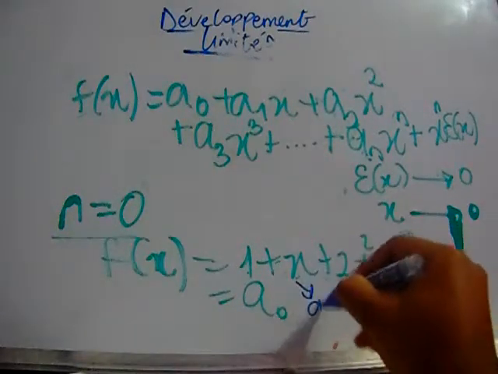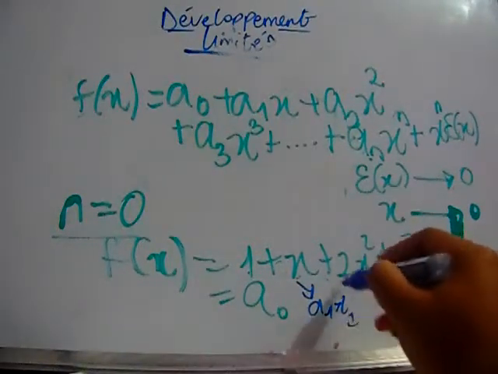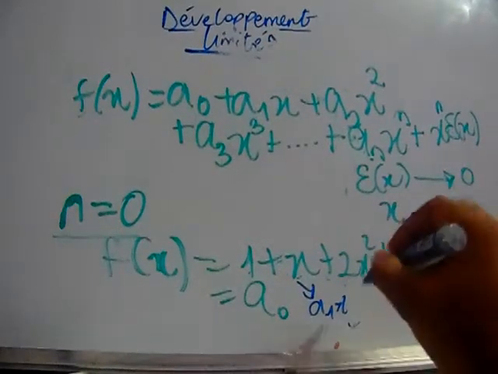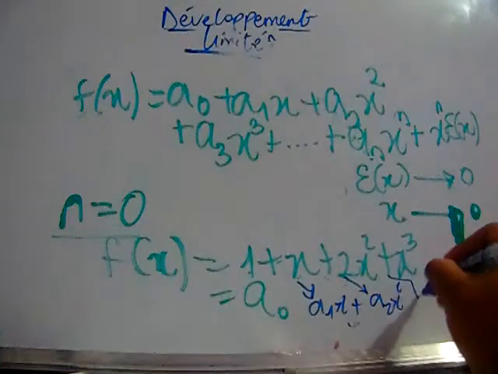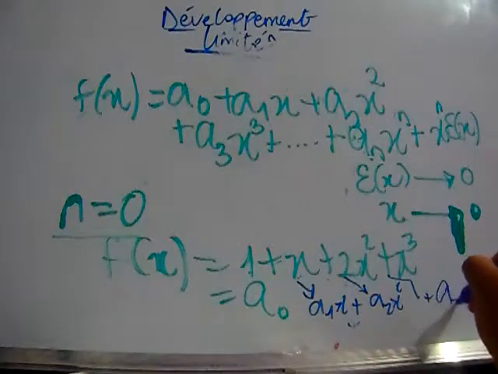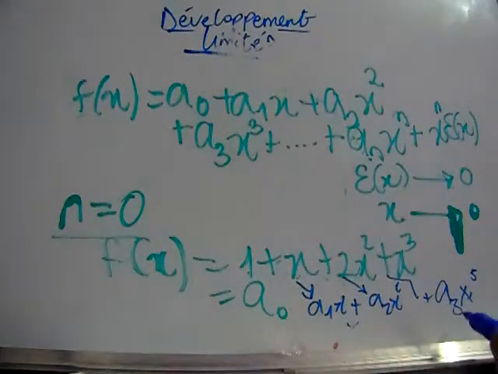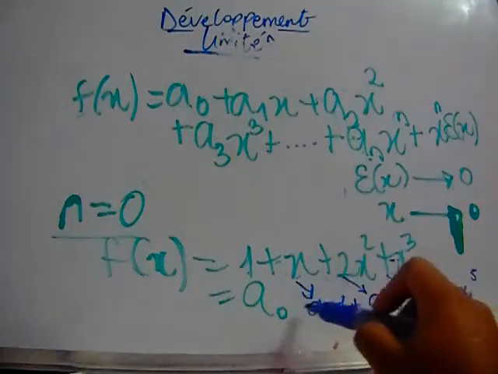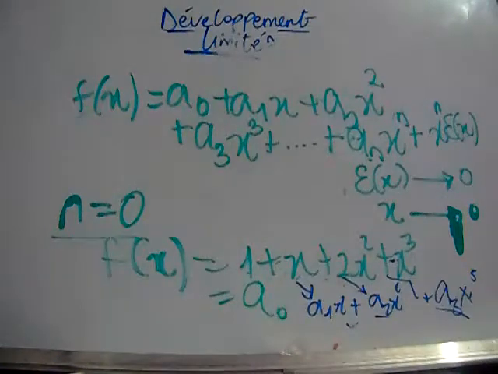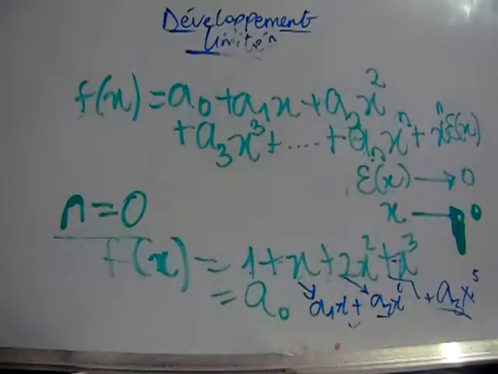This is a1, x raised to the power of 1. This is a2, x squared, and this is a3, x cubed, where a3 is a constant here, a2 is 2, and a1 is a constant, which is 1 in this case. So that means our a0 is equal to 1.